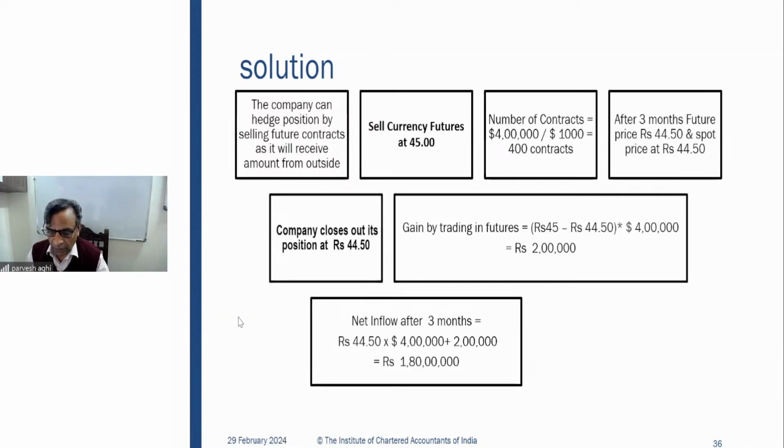Now, since they have done it, the net inflow after 3 months will be at 44.5, which is the spot rate. 4 lakh dollars into 44.5, this is the spot rate from the bankers, plus 2 lakh rupees profit they have made from the stock exchange.